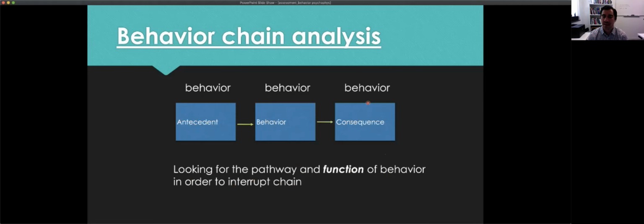Or the other side of it, that they're experiencing potentially a positive consequence of vaping, the idea that maybe they have more energy. How else could they get more energy? How else could they change this pathway around? So if the function of vaping is to manage stress or get more energy, we want to understand that. And then we want to create an intervention plan to address the function of that behavior and interrupt the chain.